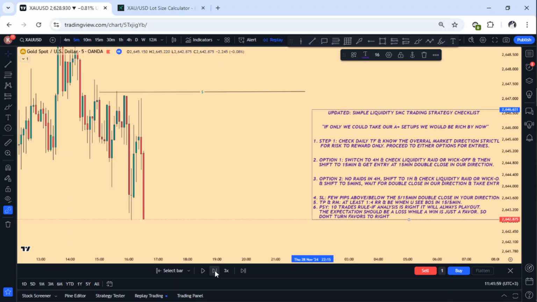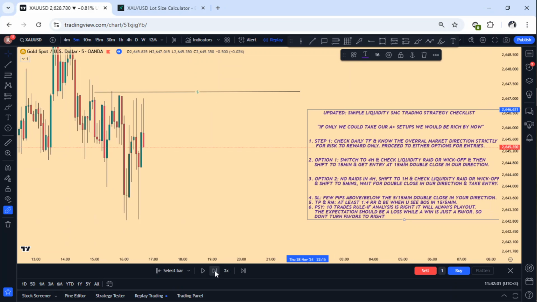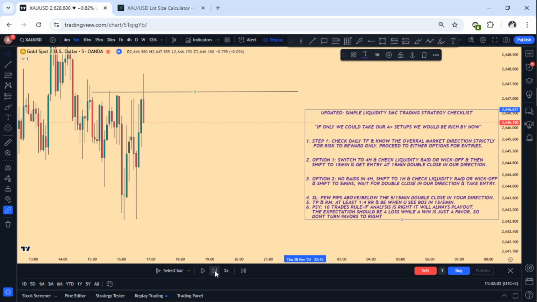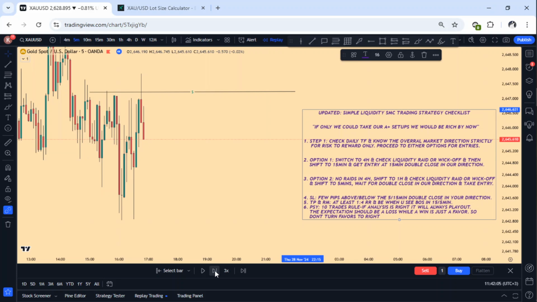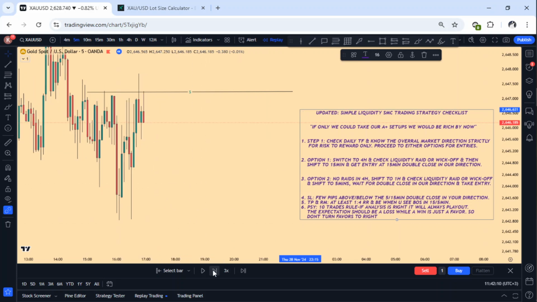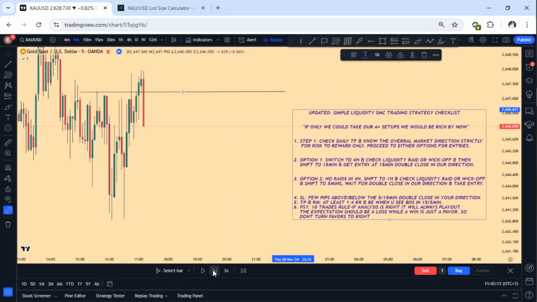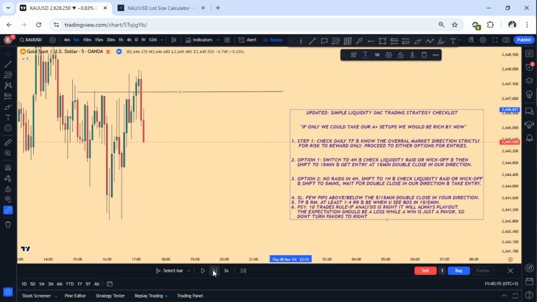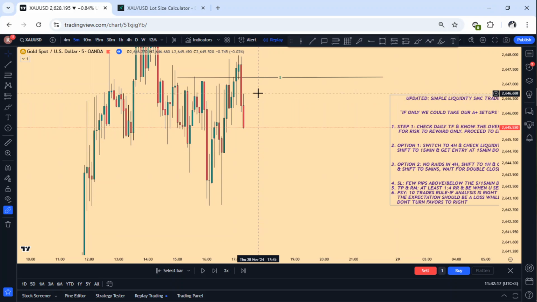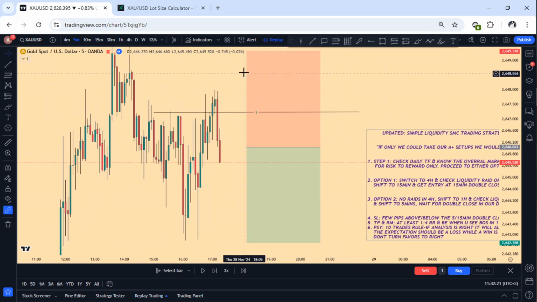So you can see what we get there. Yeah, we get a raid and then a double closure. No, not yet, so no double closure yet. And then what do we get? We get 2 closures in our direction with momentum. Then we enter on retest.